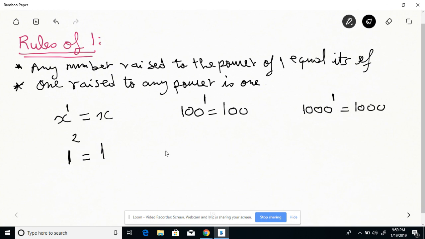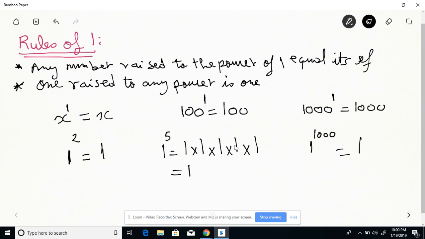So let's say 1 to 5, which equals 1 times 1 times 1 times 1 times 1, 5 times, it's going to be 1. Let's say we have 1 to 1000, it's going to be 1.